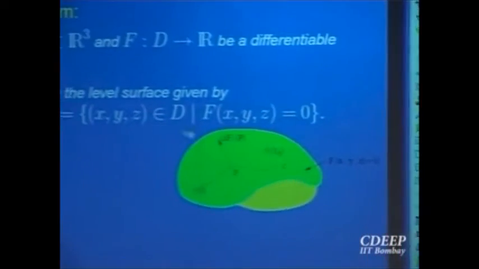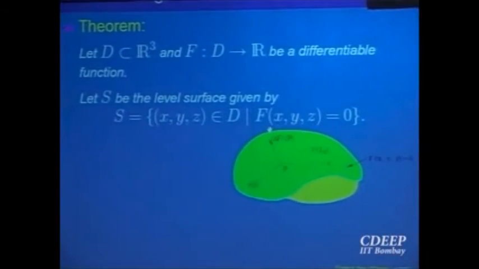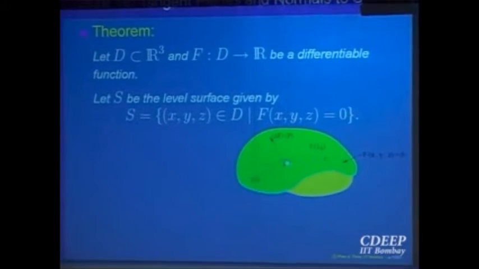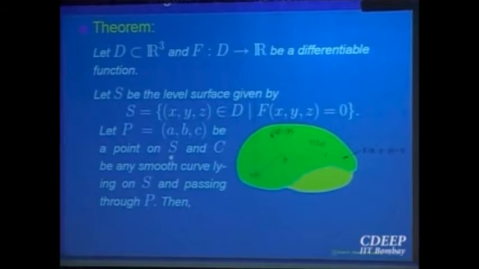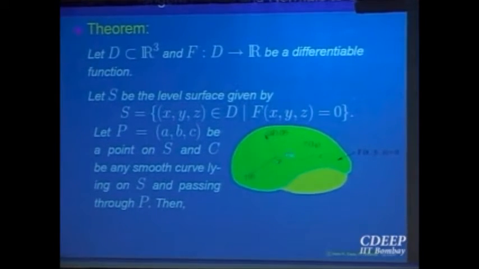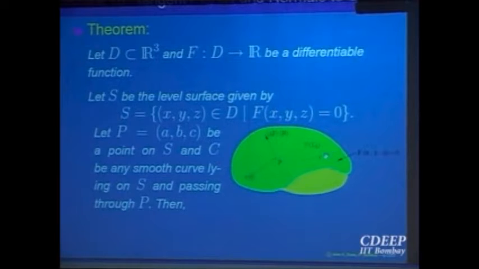So let S be a surface given implicitly by some equation f(x, y, z) = 0, and take any curve C on it passing through the point P. We want to show that the gradient, which is related to the equation of the surface, is perpendicular to every tangent.